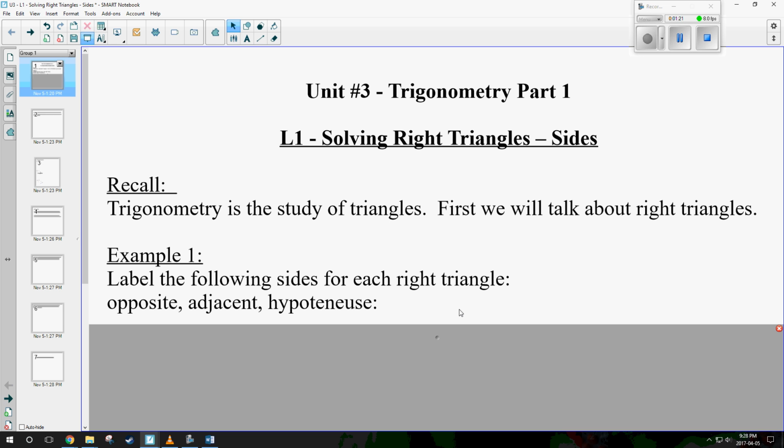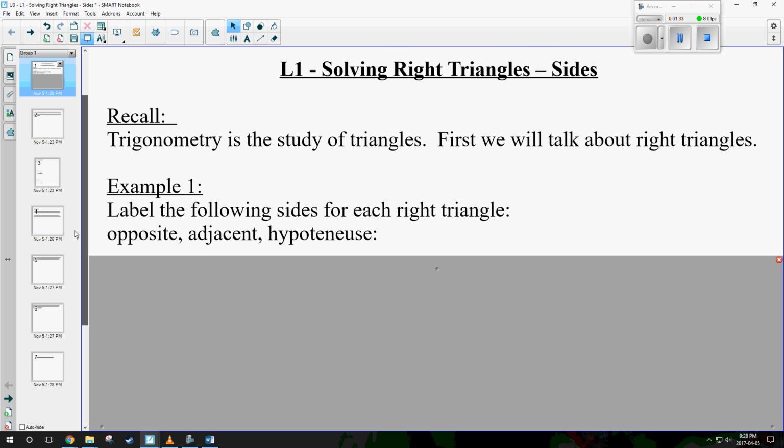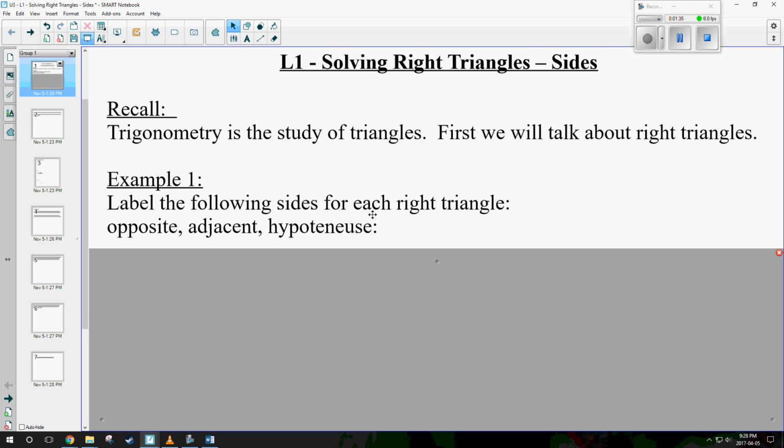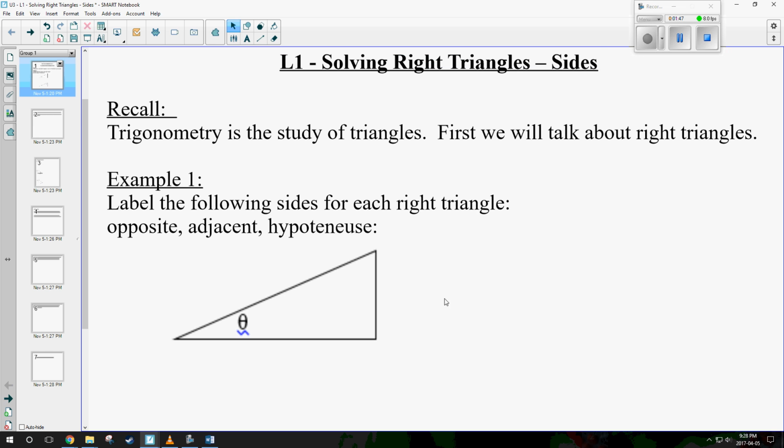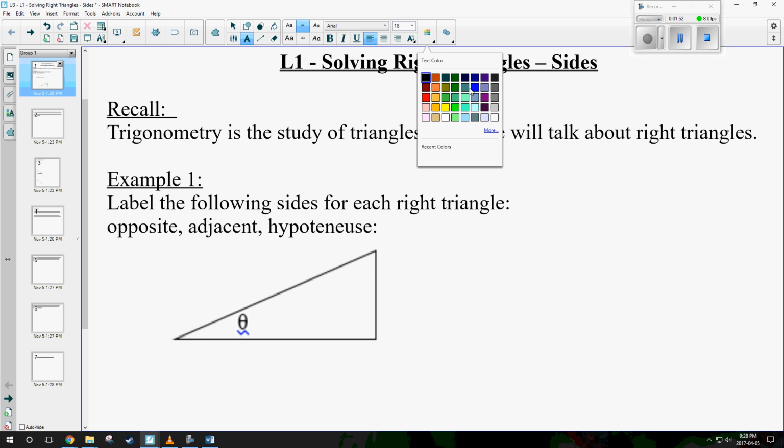We call one side the opposite, one side the adjacent, and one side the hypotenuse. So let's label each of those sides on this triangle.